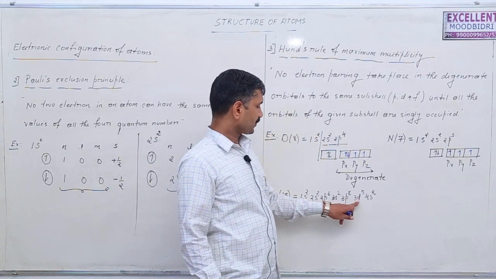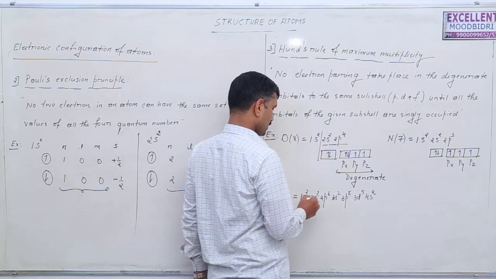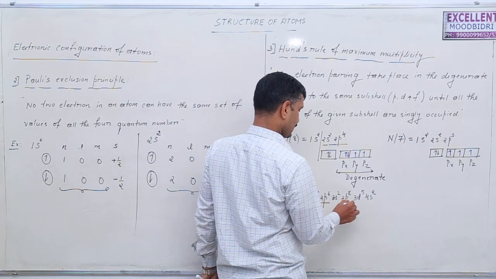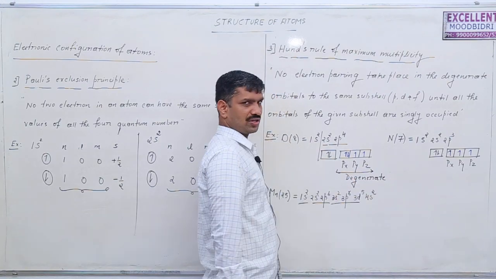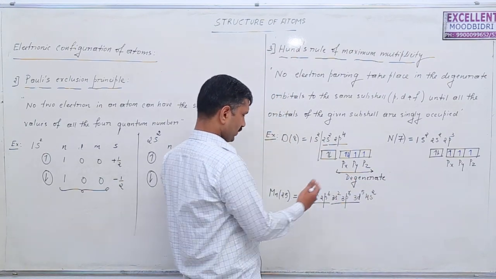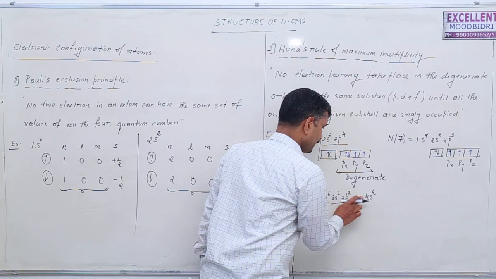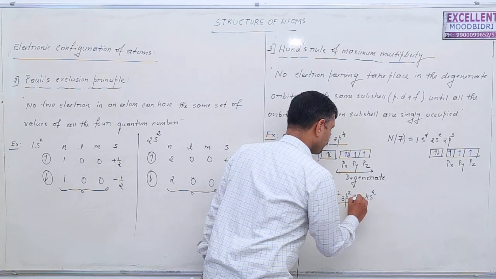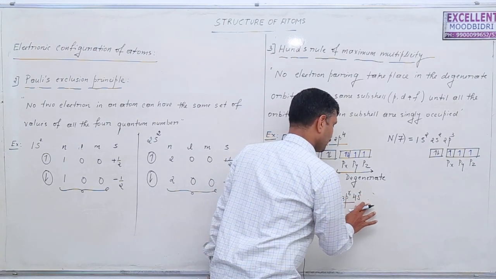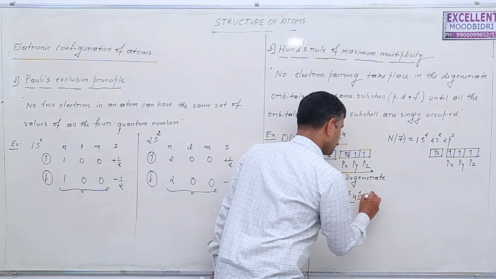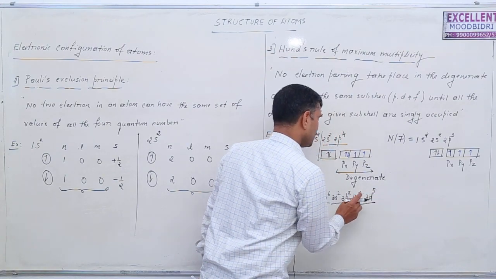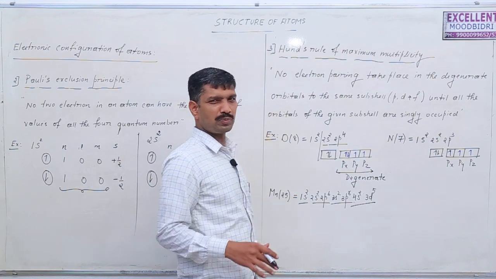Here these come under the K shell, L shell, M shell, next N shell. Otherwise we can also write it as 4s2, 3d5. Here both 3d as well as 4s are the outermost shells.